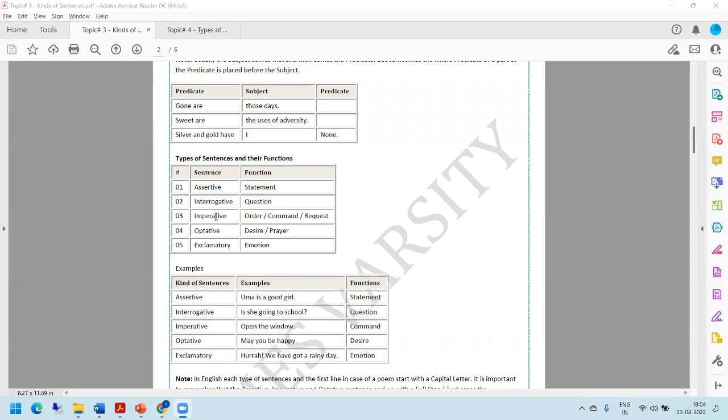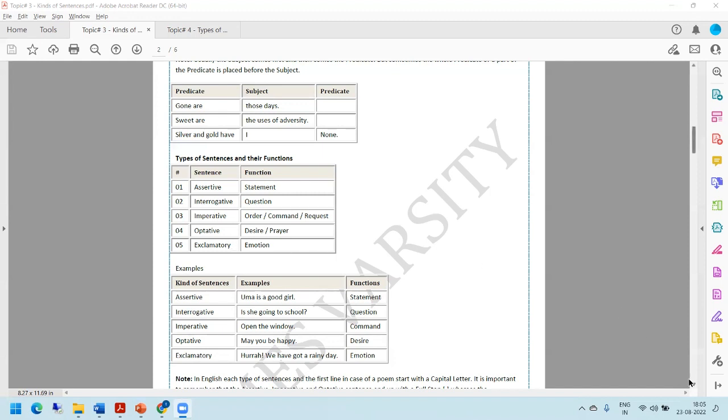Then the third one is the imperative sentence, where things are ordered or a command or request is made. Such sentences are called imperative sentences. And the fourth one is the optative sentence, meaning where desires are expressed, prayers are expressed. Such sentences are called optative sentences. And the fifth one is exclamatory sentences, where emotions are expressed.